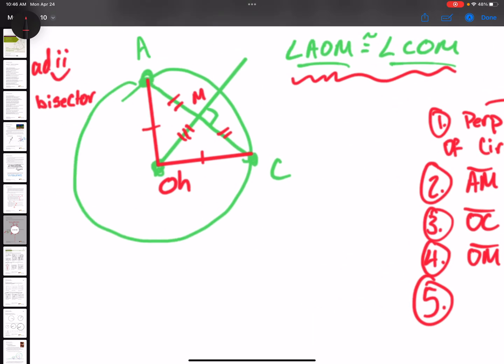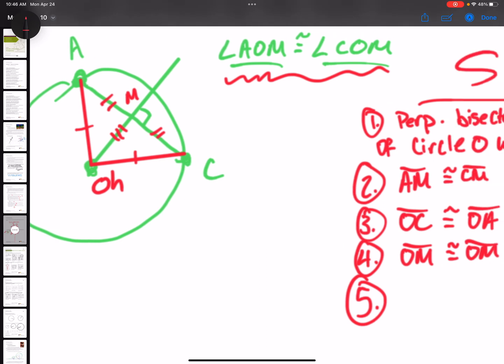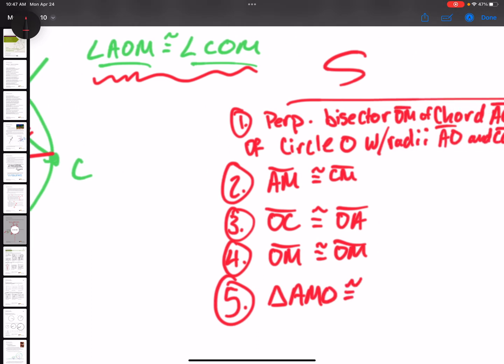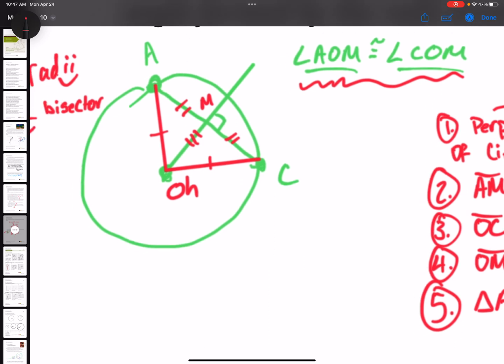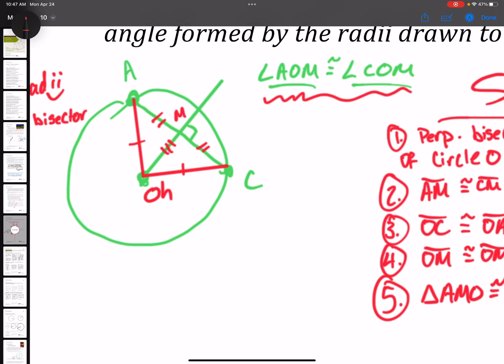What can we say about those 2 triangles now? They are congruent to each other. So if I were to say triangle AMO, what is that triangle congruent to? I have to list the sides or the vertices in the same order.